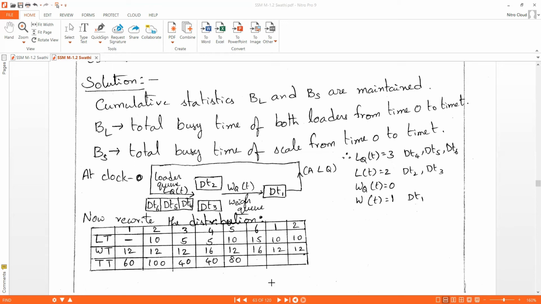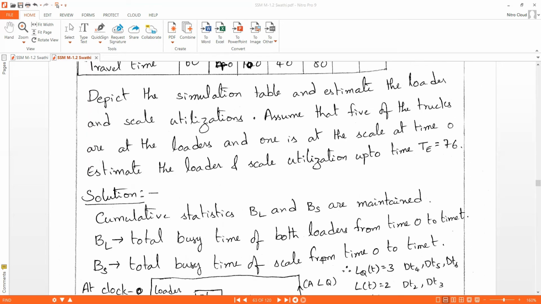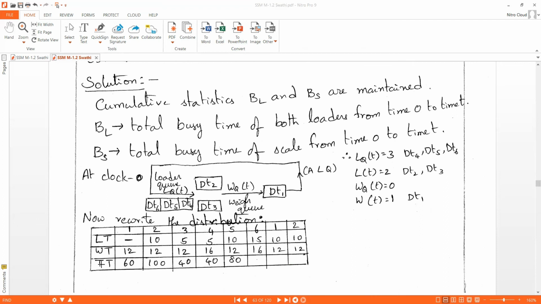Next, the travel times they have given are 60, 40, 100, 40, 80. So the travel time is 60, it is 40, it is 100. This is the travel time. And for truck 4 the travel time is 40, and for truck 5 it is 80.